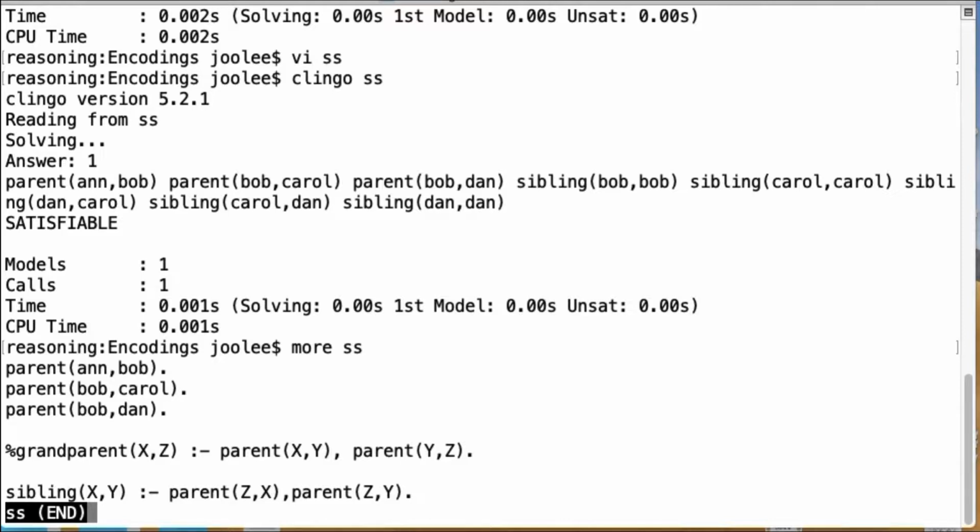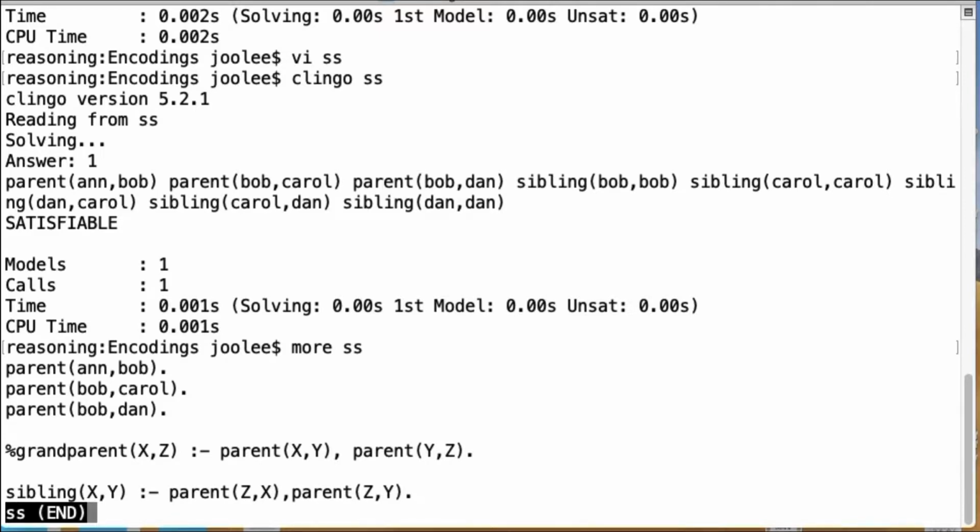N is a parent of Bob, right? So if Z is N, and X is Bob, and Y is Bob, then this is true, right?